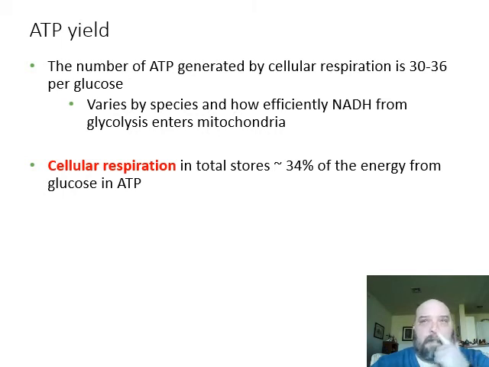Now, it doesn't sound like a lot, but when you stop and think that, how many grams of carbs, how many grams of sugars are in a candy bar. You'll look, it'll say 32 grams of sugars. 32 grams of sugars is what?